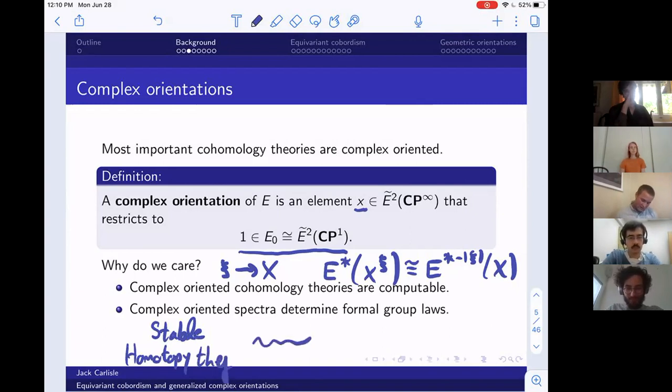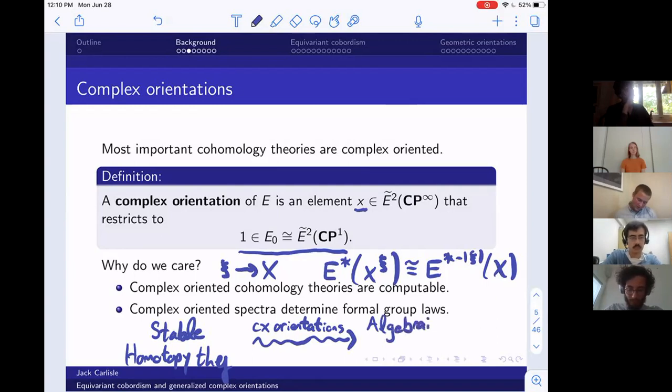If we have a complex oriented spectrum, we can obtain, for instance, a formal group law, which is an algebro-geometric object, which retains a lot of the information of that spectrum E with which we started.